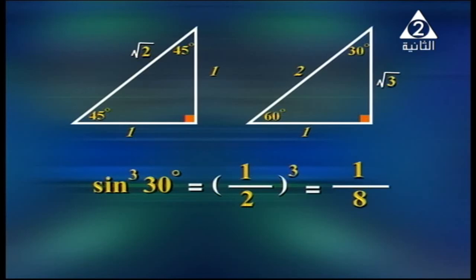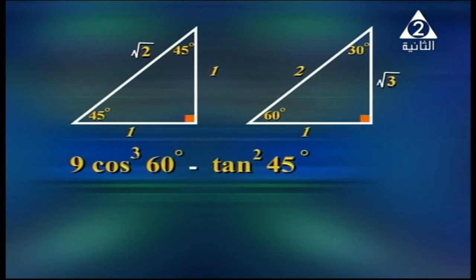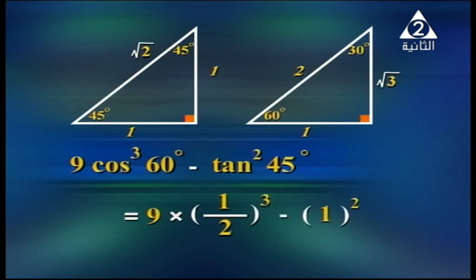What about the other side? 9 cosine to the power of 3 of 60 degrees minus 10 tan squared 45 degrees equals what? It is equal to 9 multiplied by cosine 60, which is 1 over 2, all to the power of 3, minus 10 times tan 45, which is 1, all to the power of 2.